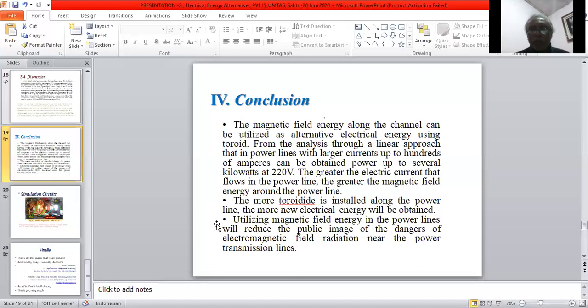And three, utilizing magnetic field energy in the power line will reduce the public's image of the danger of the electromagnetic field radiation near the power transmission line.